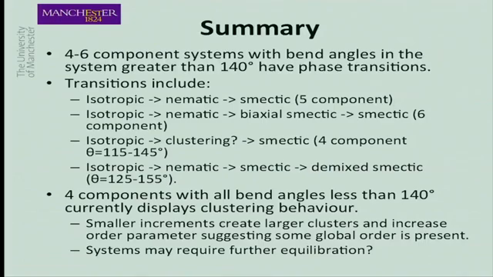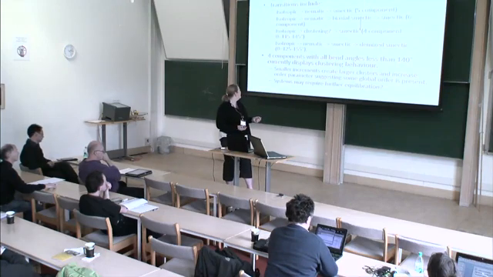For the 125 to 155, we got the isotropic, nematic, symmetric again, but then a demixed symmetric. And when the angles were less than 140 degrees, we found the clustering behaviour that was seen in what Rob was doing with his single components.